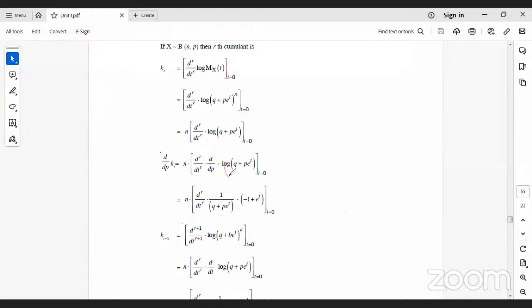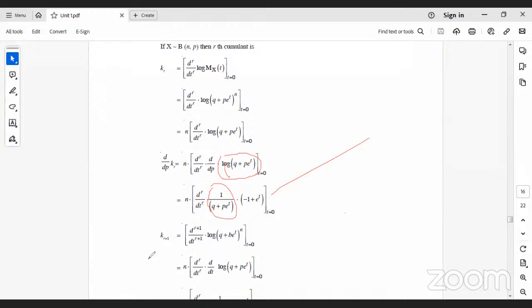Removing the log here, the differentiation d by dx of log x is 1 by x, correct? So 1 by (q plus p e power t). Again we are differentiating: 1 plus e power minus t. So d by dx of 1 is minus 1, and p is a constant, that is e power t. Correct? Yes, sir. Therefore k r plus 1.